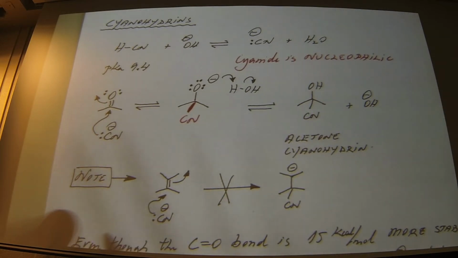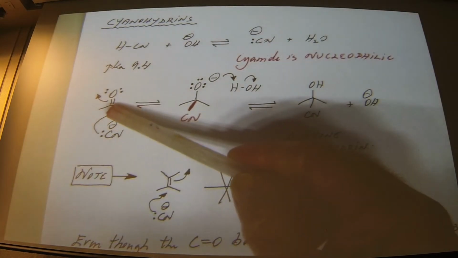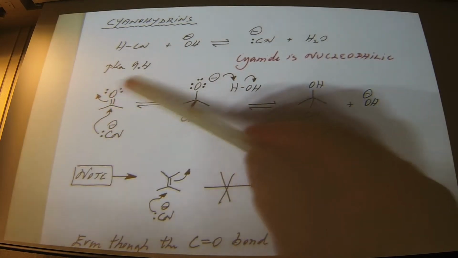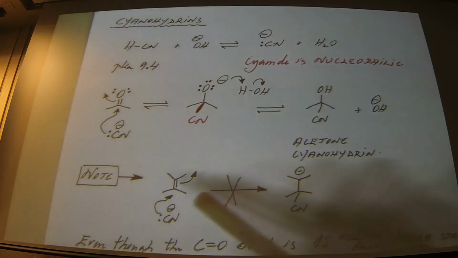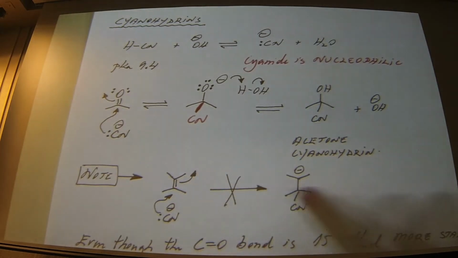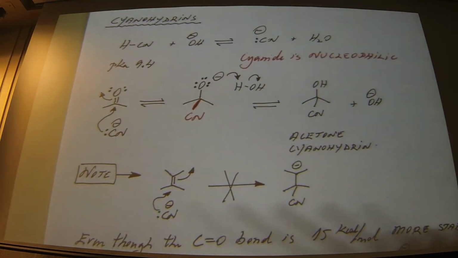This reaction works quantitatively, which means that the equilibrium between acetone and cyanide all goes to acetone cyanohydrin. On the other hand, if I try to do the same reaction not with a compound that has a carbon-oxygen double bond, but with a compound that has a carbon-carbon double bond, it doesn't go at all. You can let cyanide sit around with ethylene until hell freezes over, and nothing's going to happen.